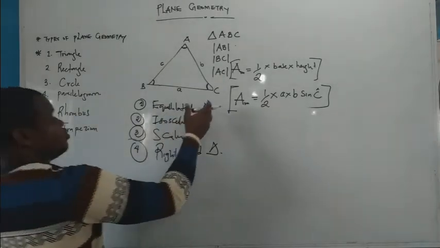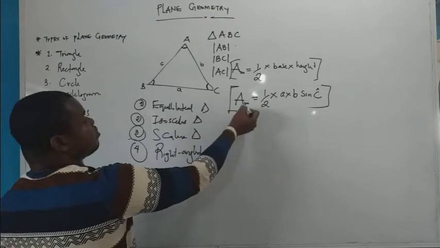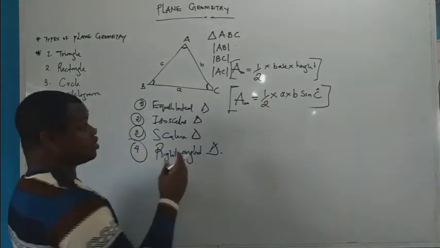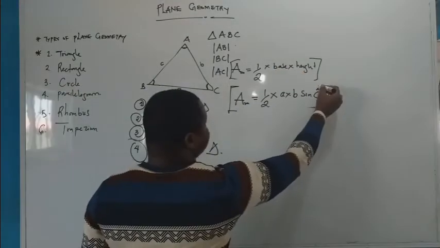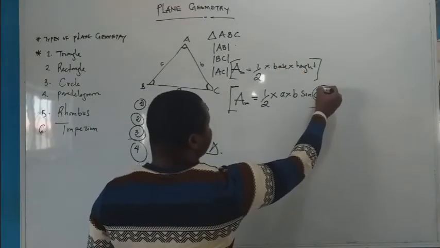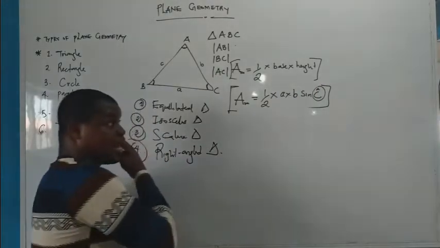So to use the formula that says area of a triangle is equal to half a times b sine C. Now this actually represents an angle. Look at the way it's represented, an angle.